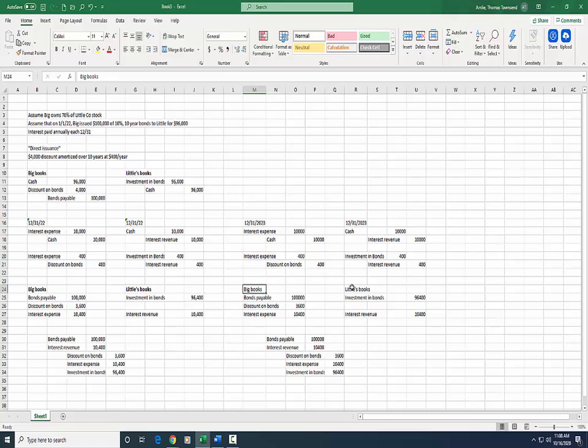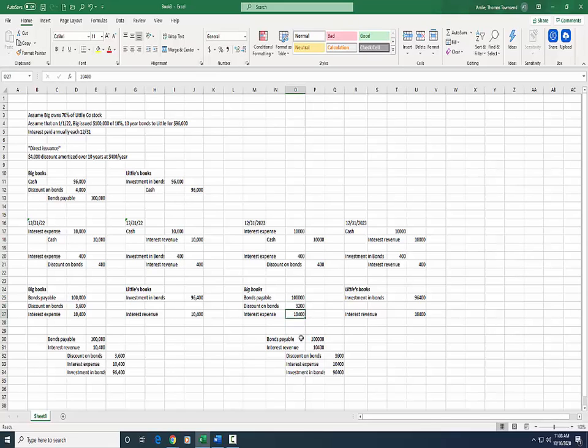But think about how the accounts are changing. Straight line amortization makes life nice and simple. Bonds payable is still $10,000. The discount is being amortized at the rate of $400 per year. It started at $4,000. By the end of the first year, it was down to $3,600. Now it's down to $3,200.